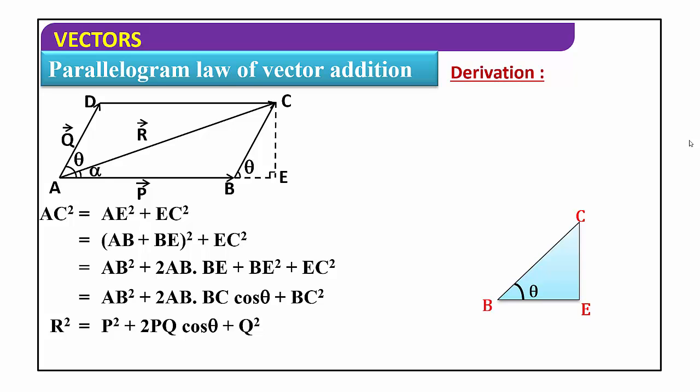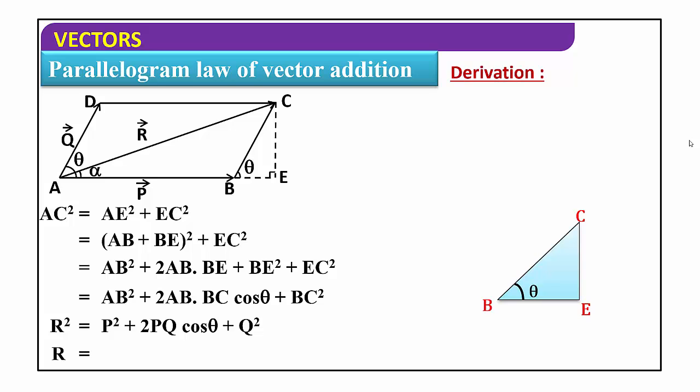These are the adjacent sides of the parallelogram. When AD is equal to vector Q, then similarly BC is also equal to vector Q. Substitute here 2P into Q cos theta, keep as it is. BC square is equal to Q square. Substitute all the values, we got R square equal to P square plus 2PQ cos theta plus Q square.